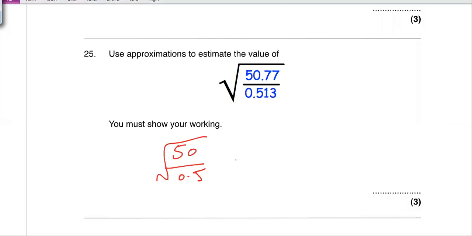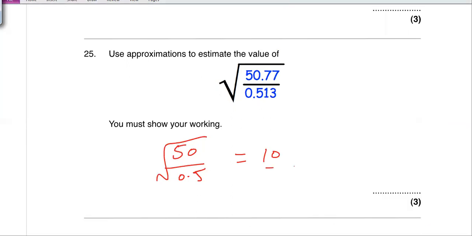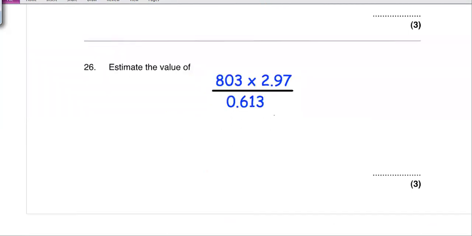So that will be 10. Sorry, the square root answer is going to be 10. If you check it directly, if you solve it, 50.77 over 0.513 gives 9.94. So approximately it works really well. It's 10 because it's estimation. It's not an exact answer.